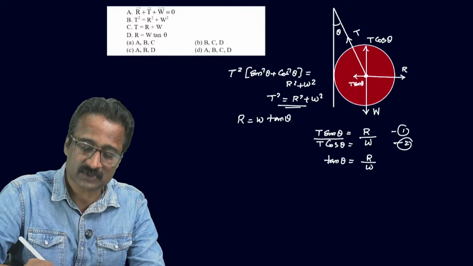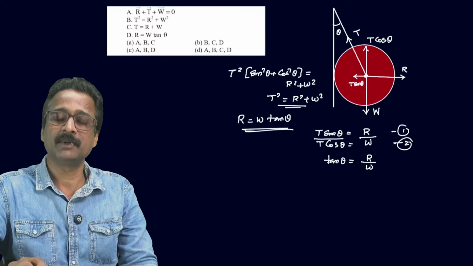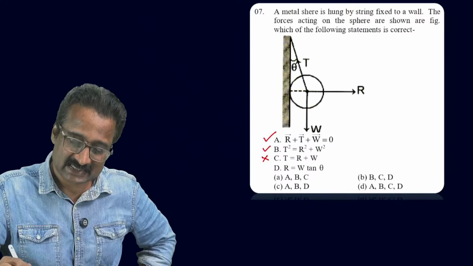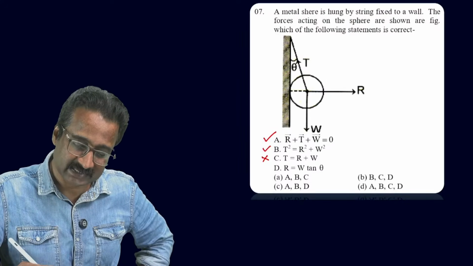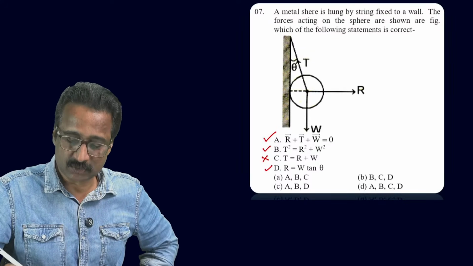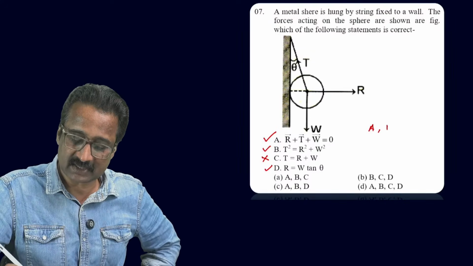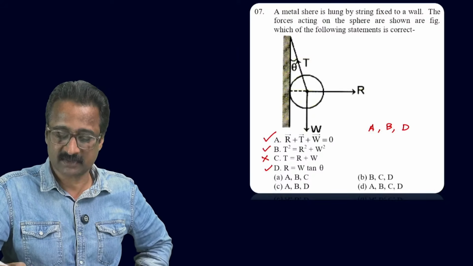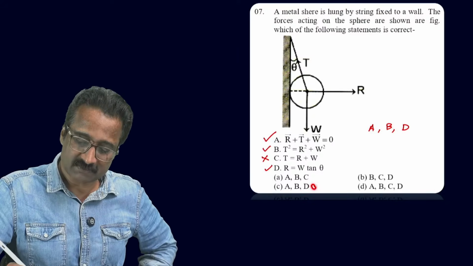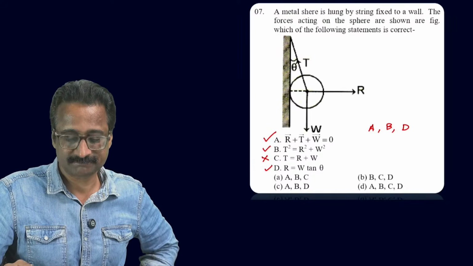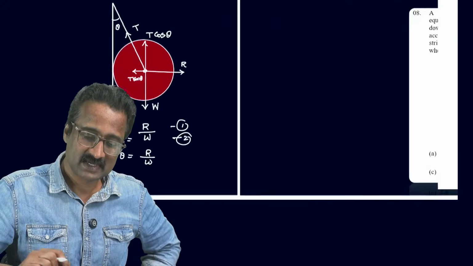That also appears to be correct. So D is also correct. I could see that A, B as well as D are the correct statements. So, you can go with your option C. That was question 7.